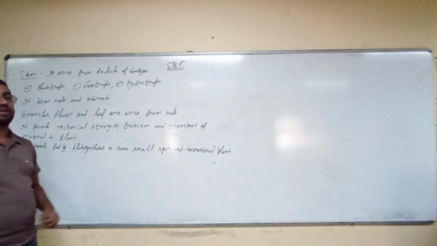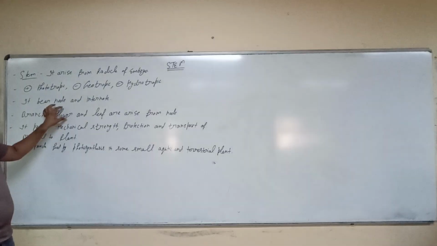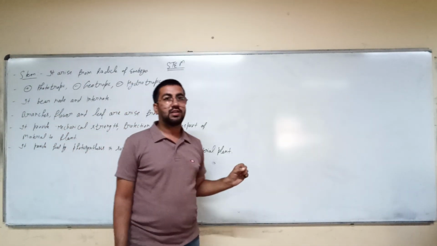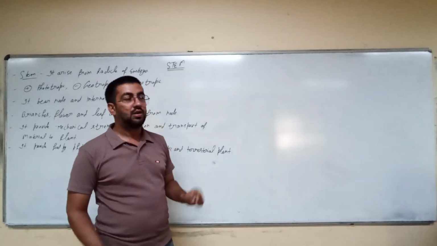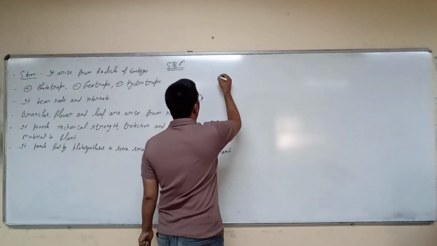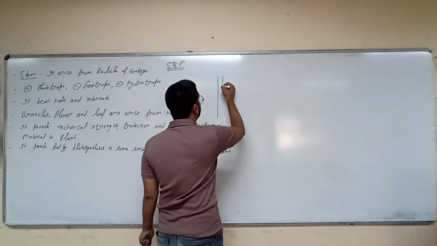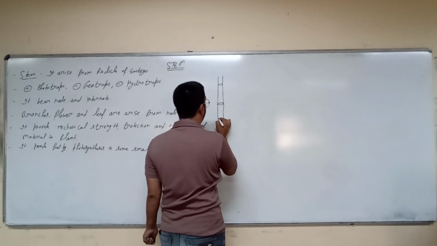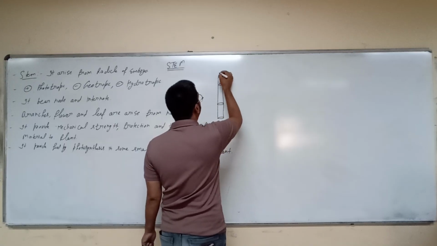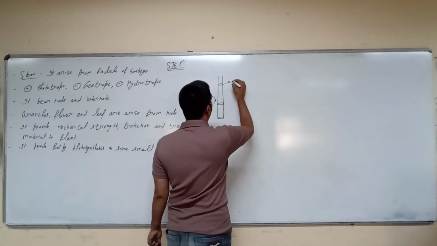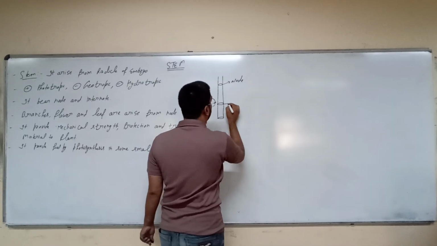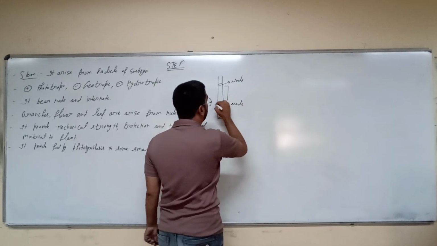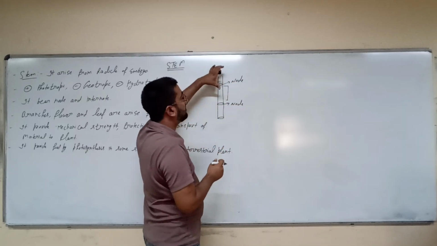If we talk about node and internode, sugar cane has node and internode. If I make a diagram, it looks like this. This is a sugar cane. This is a node, this is also a node, this one is a node, and this one is a node.